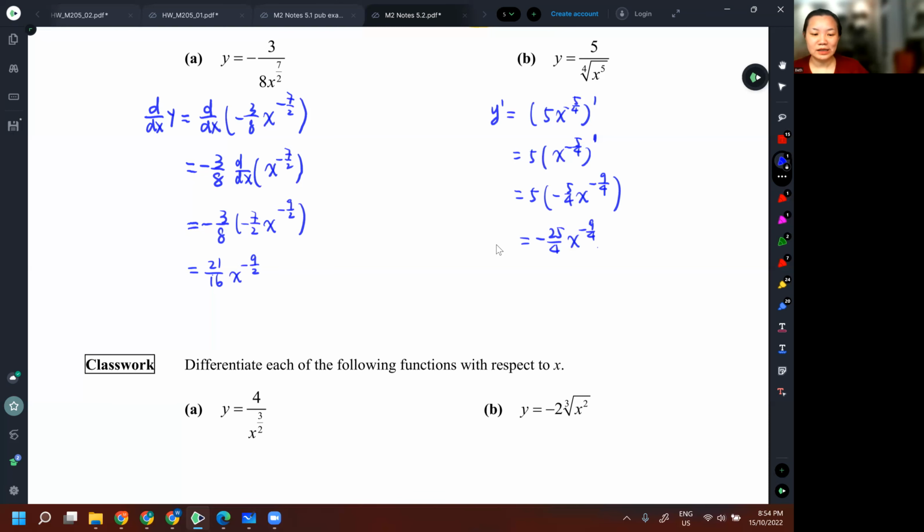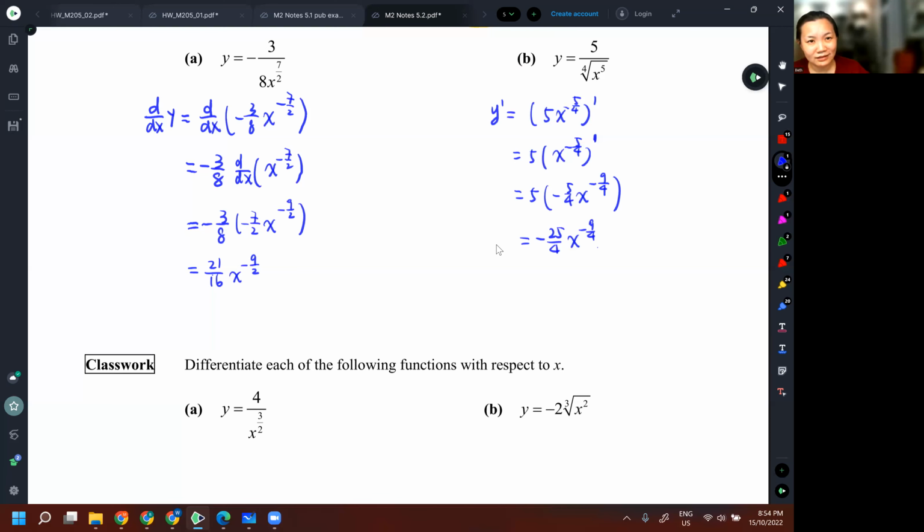Okay. Melissa, what's your answer for the first question? Negative 6 over x to the power 5/2. You don't have to write the fraction. Yes, it's correct. And then the second one, you tell me too. Negative 4/3 over x to the power 1/3.